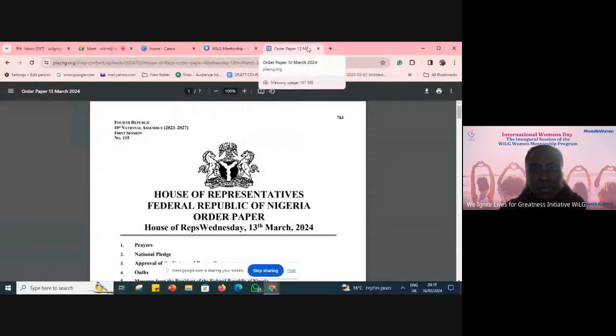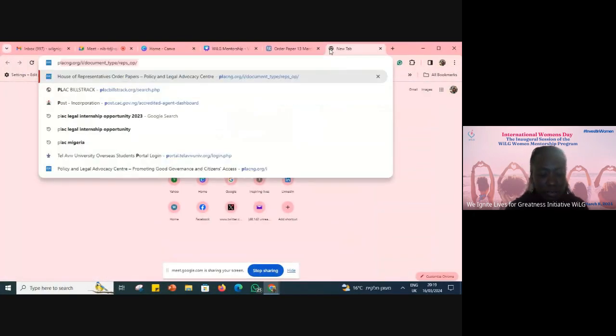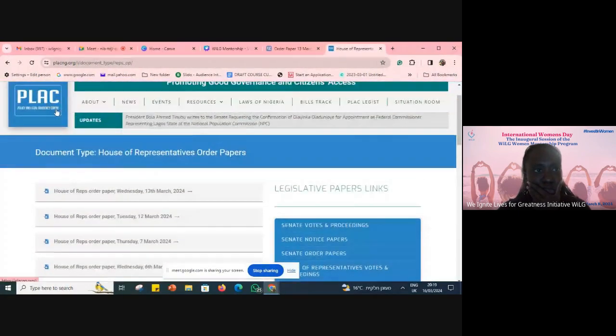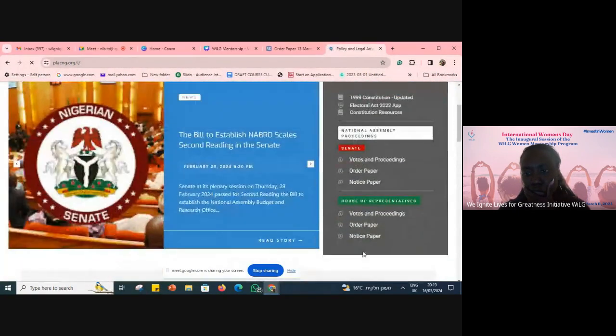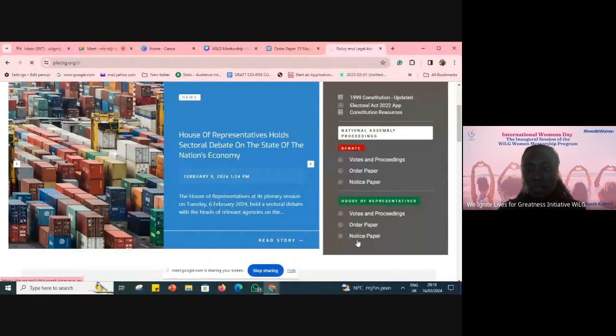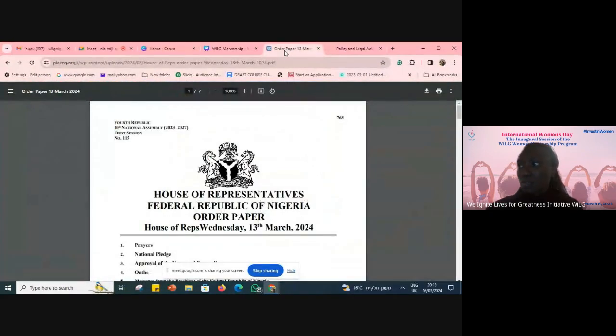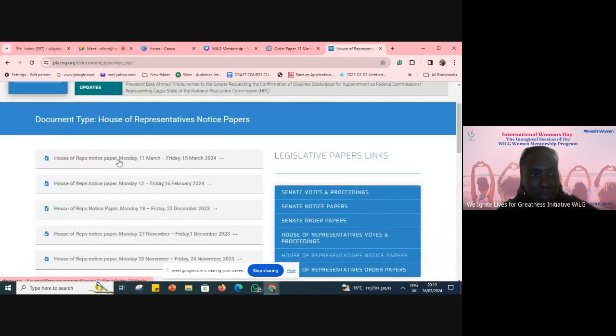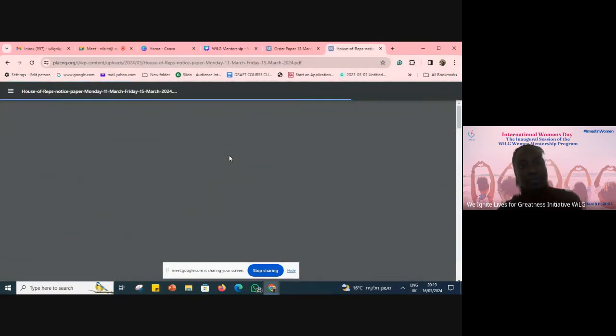Let me just put black again. Yeah, and notice paper. Okay, so this is an order paper, and I'm trying to open a notice paper so we can know what the difference is.